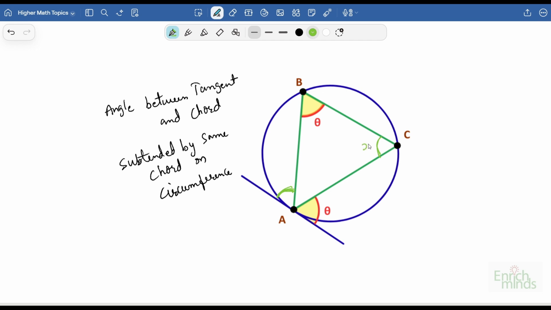If this is x, this will also be the same angle x. I hope I tried to simplify this theorem as much as I can. The keywords here are that the angle should be between the tangent and the chord, and the angle is subtended by the same chord on the circumference of the circle. So the other part of the angle should touch the circumference. It needs to satisfy these things so that the property holds true.